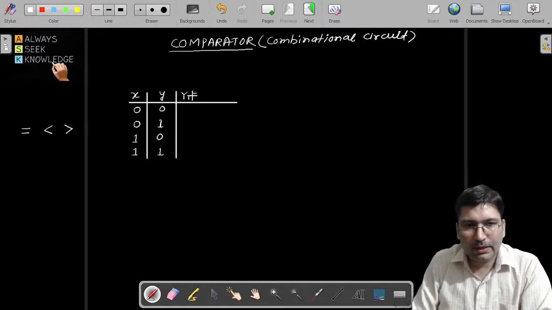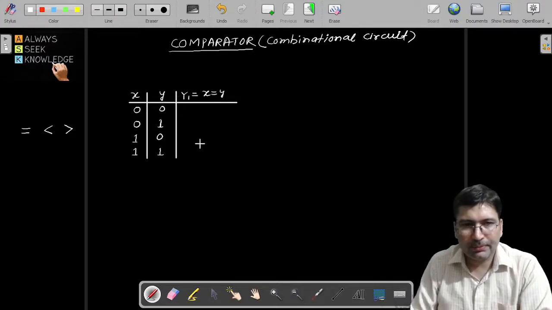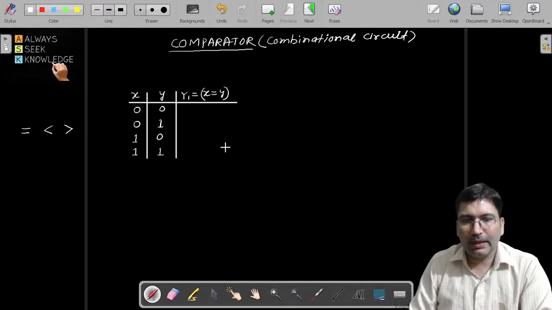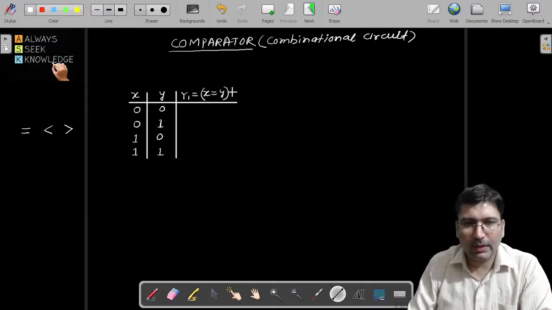Let's say y1 is representing when x is equal to y, or you can take a function maybe f1 if you want. So this is the final output, and this output we are assuming when x is equal to y is given.